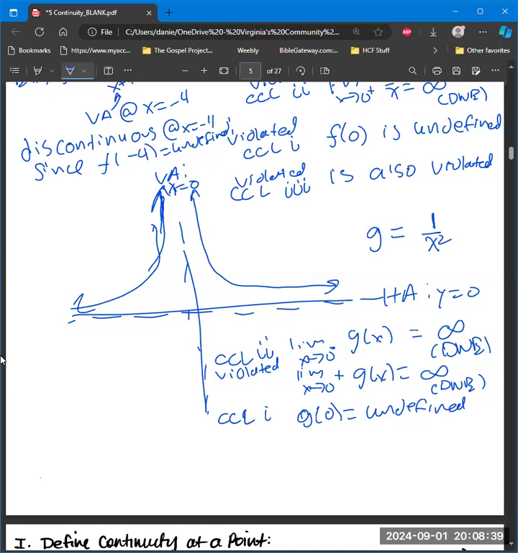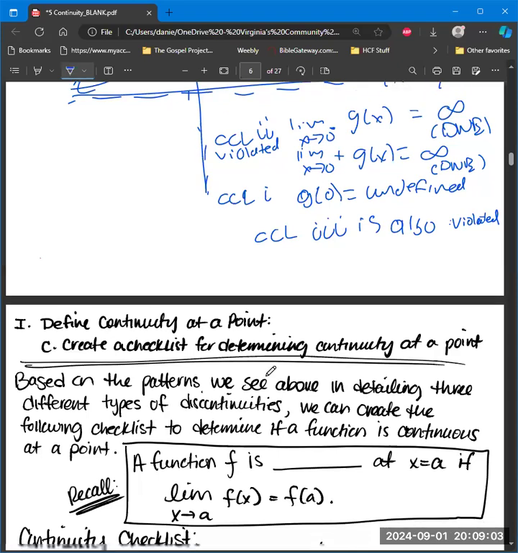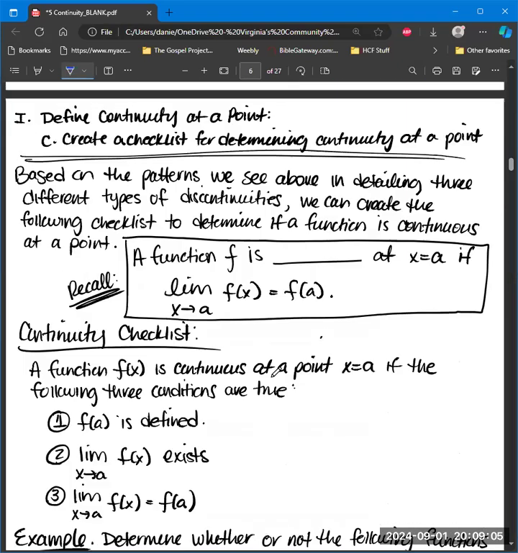So that means continuity checklist part 3 is also violated. Anytime that part 1 or part 2 is violated, then part 3 is automatically violated. But part 3 can be violated even if part 1 and part 2 are not violated if there is a jump discontinuity in the graph.